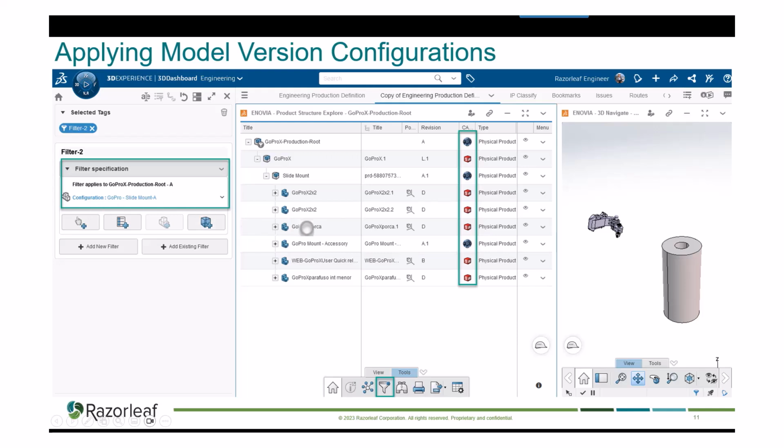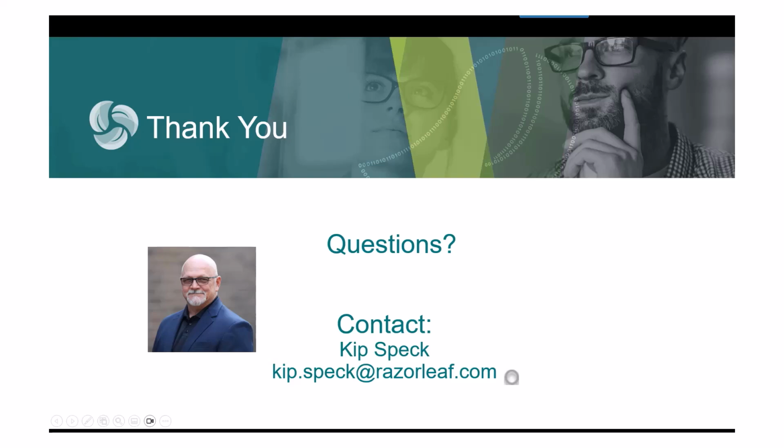And you'll see here on this interface that even though I have the structure at a slide mount and a bar mount or different configurations of this, I can go into my tools, click my filter, and apply my configurations, and it still honors all that same structure as you would think it would. So for right now, I'll go ahead and open it up for questions.